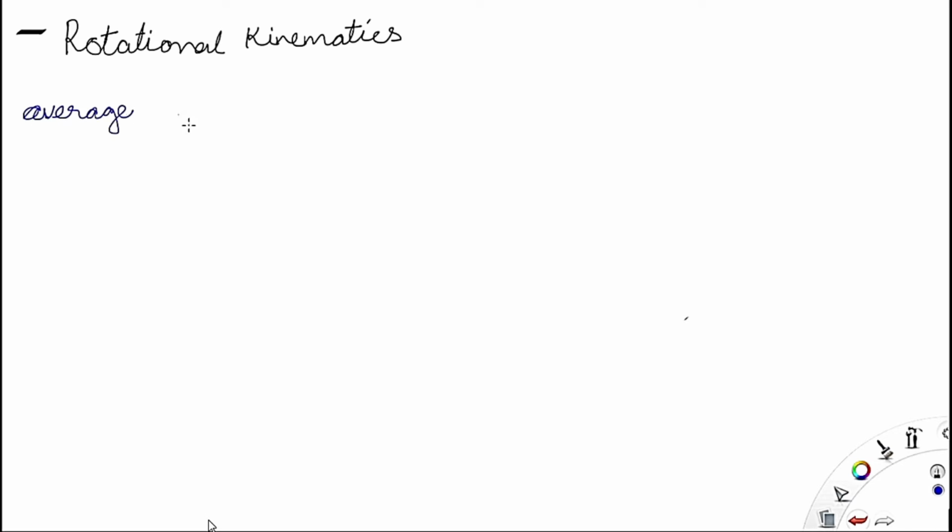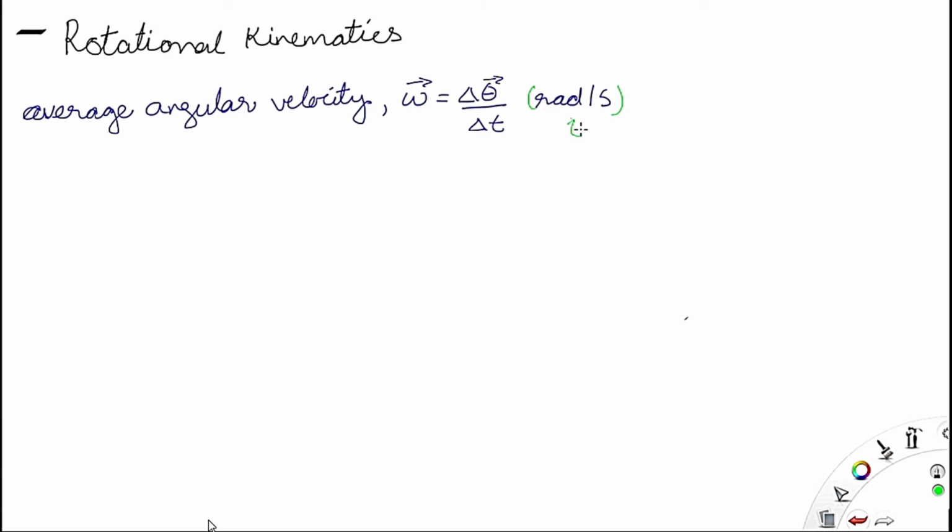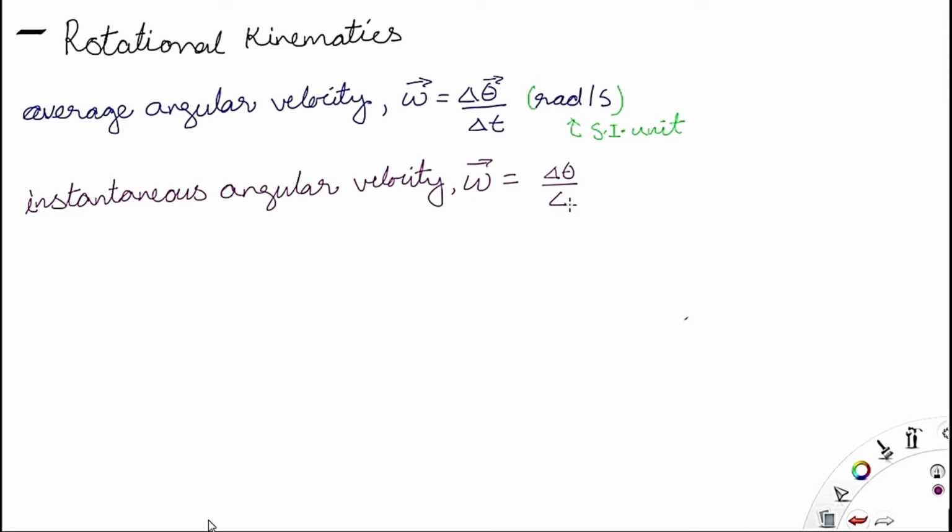Now rotational kinematics means the average angular velocity and instantaneous angular velocity. Average angular velocity is the angular displacement by time, omega = delta theta by delta t, where delta theta is the angular displacement and delta t is the time duration.